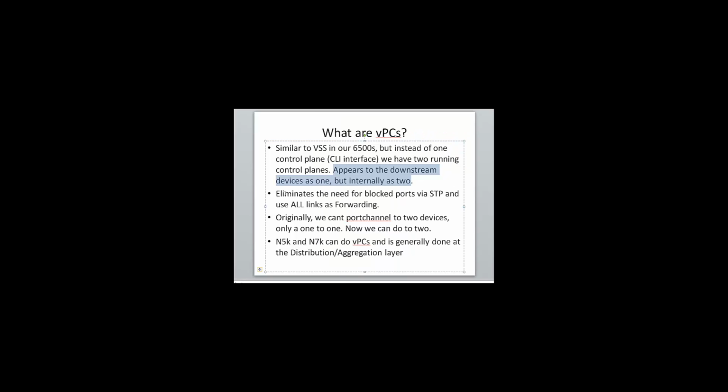Talking about spanning tree, this eliminates the need for blocked ports. All these ports are now used for forwarding, which is a good plus because we don't waste bandwidth or have links just sitting there doing nothing. We can use all our links for passing traffic.